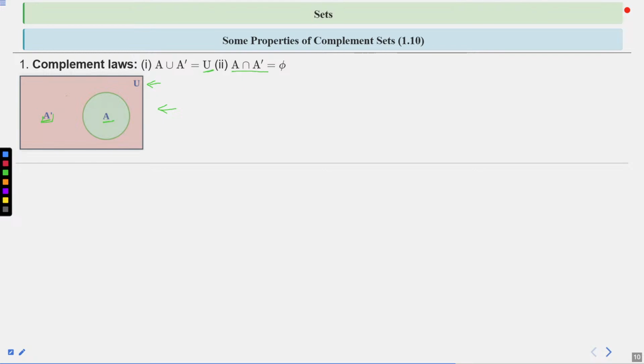Now for A intersection A complement, if you try to observe the common elements from A complement and A, are you getting any common elements? No. So both sets A complement and A are disjoint sets. From this representation we can say that we do not have overlapping areas for A complement and A. Clear? I hope this is clear from this representation.